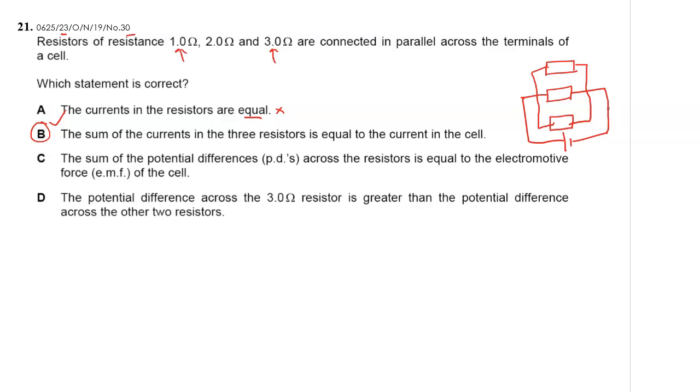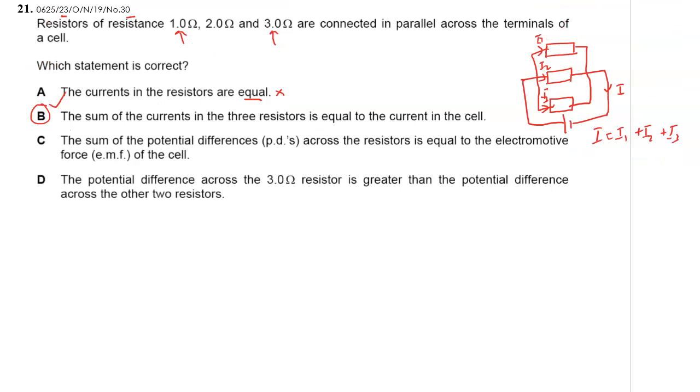So the current flowing through here, if it's I, this is I1, this is I2, and this is I3. Then I will be equal to I1 plus I2 plus I3. That's why we say the sum of the current in the 3 resistors is equal to the current in the cell. Of course, if B is correct, then the rest are not correct. C and D are not correct.